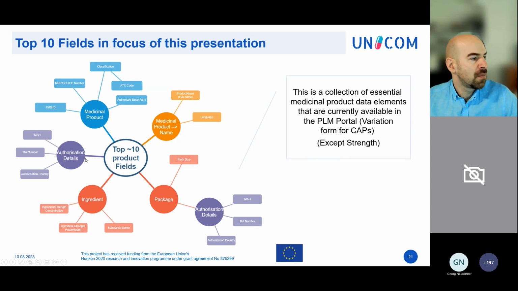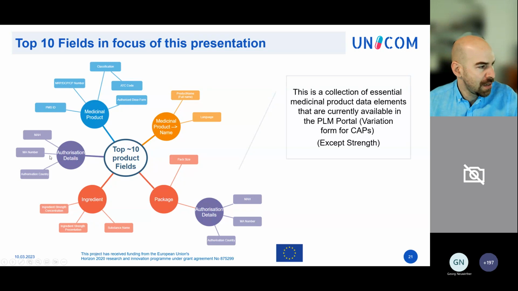Then we will go to the authorization details. Those are usually not part of an MAA form, but inside a variation, you already know these things. There will always be an MAH. MAH is important because this is the organization that is submitting the message to you. It can be done by somebody assisting the MAH, but the MAH is the responsible party.